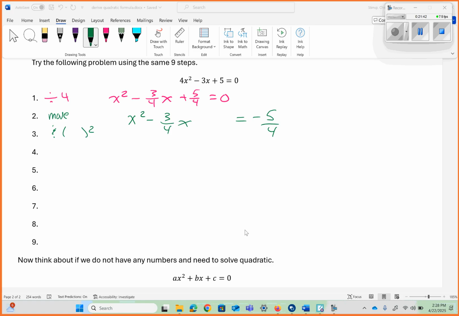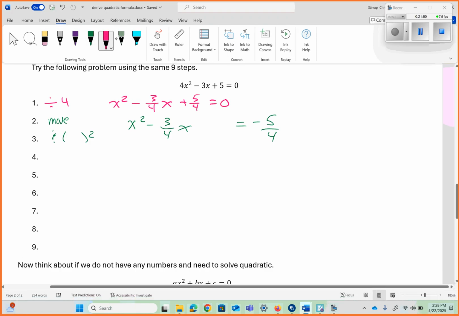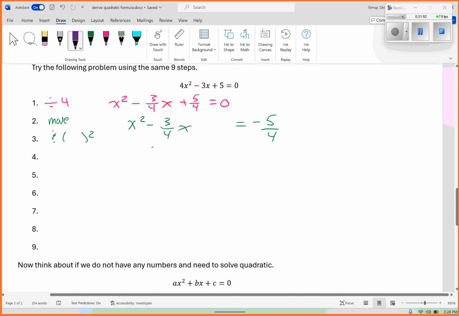All right. We're good so far? All right, ready? We want a set of parentheses, quantity squared. X, what's the sign got to be in there now? Minus. That sign has to match. What is half of 3 over 4?